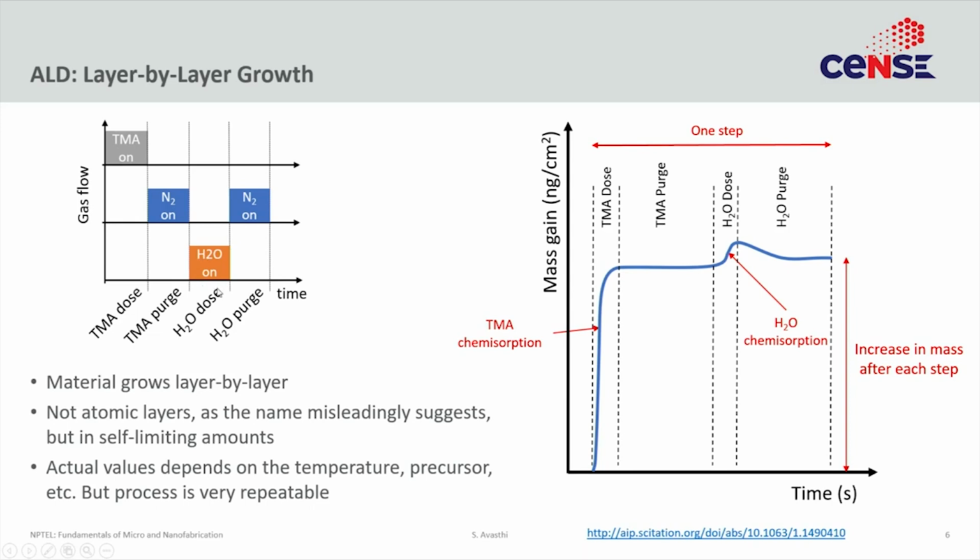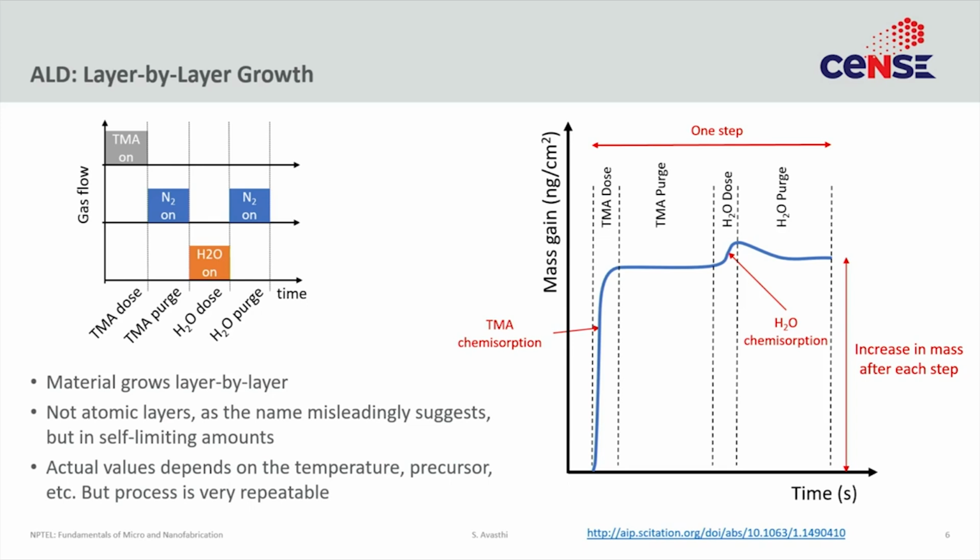And again, the length of time you flow water is called the H2O dose or component B dose. You wait for some time for this reaction to complete, for a monolayer of OHs to form on the surface. And after this, once again, you flow an inert gas to get rid of all the excess water that is there in the chamber that has not reacted at the surface. So this is one complete cycle, right?